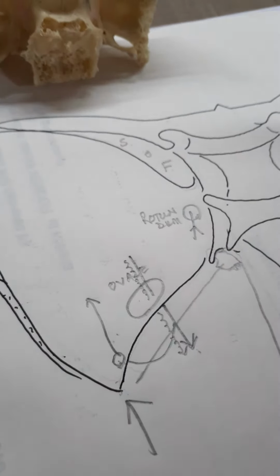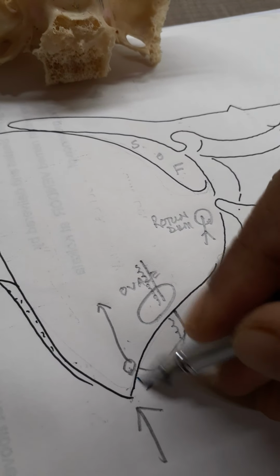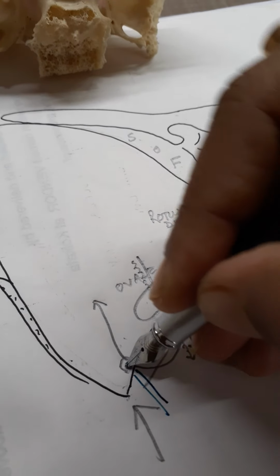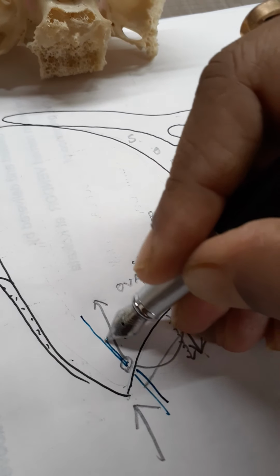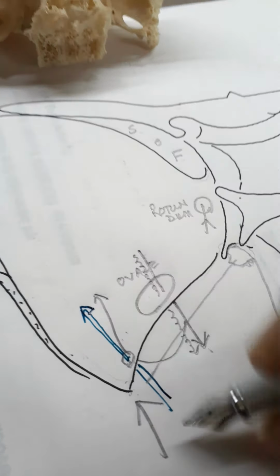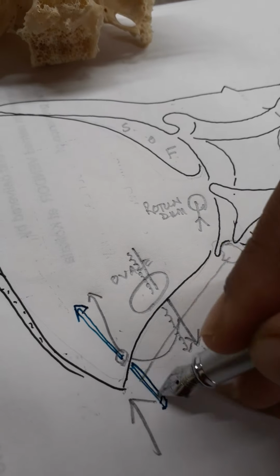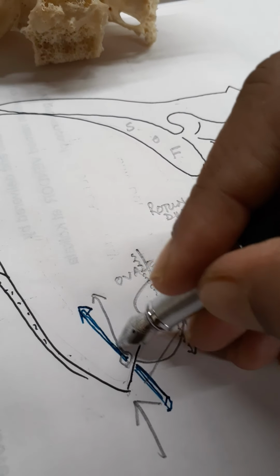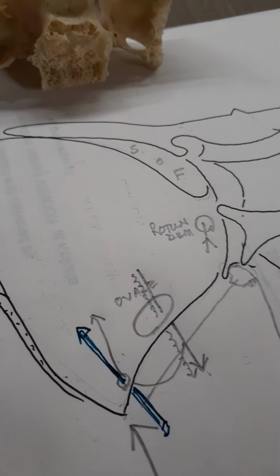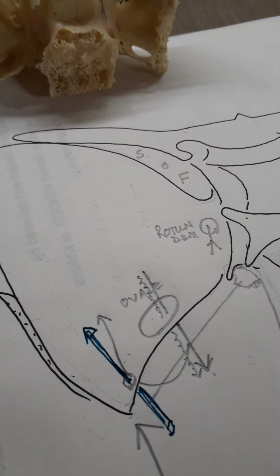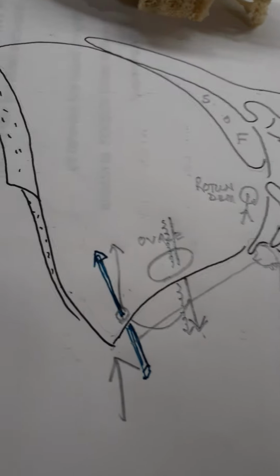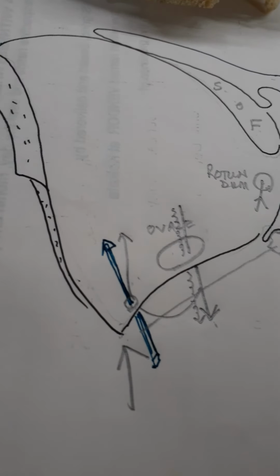Now, if we see an artery, this is the course of the artery. The artery that passes to the foramen spinosum, along with nervus spinosus, is the middle meningeal artery.